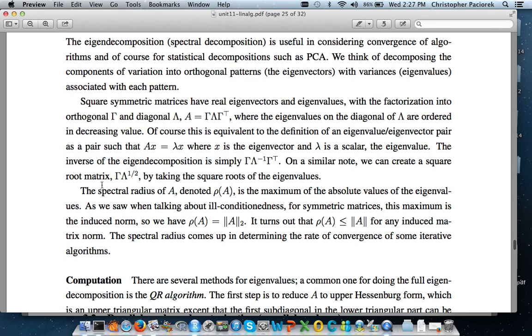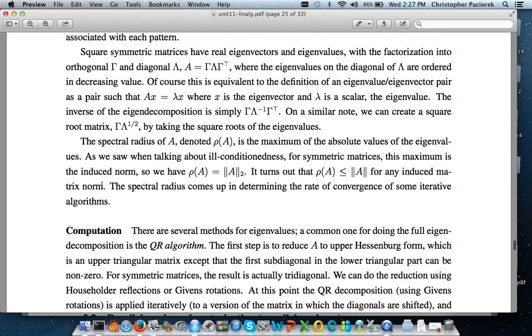And we've already talked through a full interpretation of an eigendecomposition in terms of taking weighted averages of the columns of the eigenvector matrix.